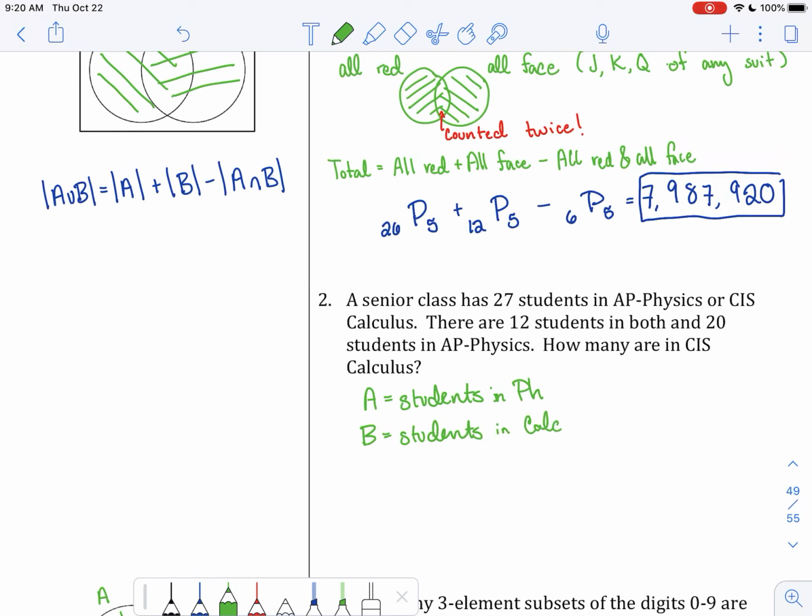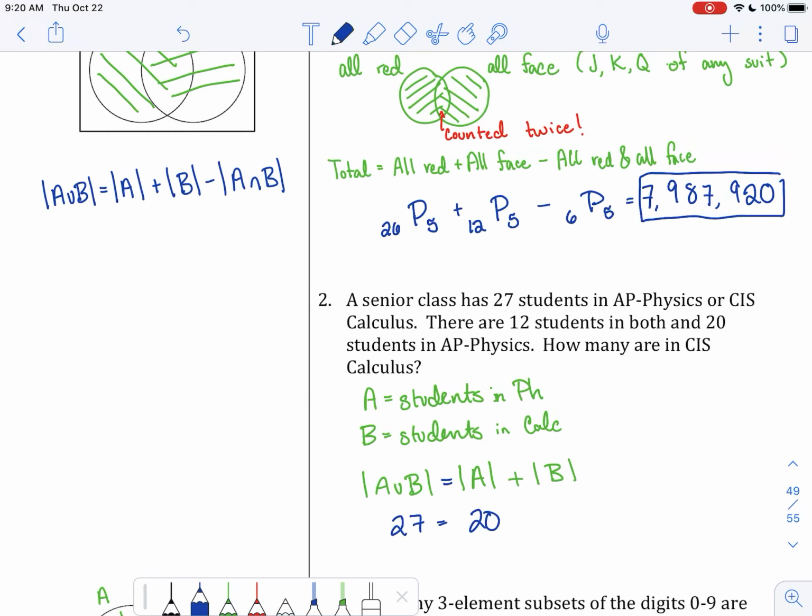And we're going to use this same formula here because we are asking for students who are in A or B, which is given to us as 27, is equal to the number of students in physics, which we are given as 20, plus the number of students in calc, this is our unknown.